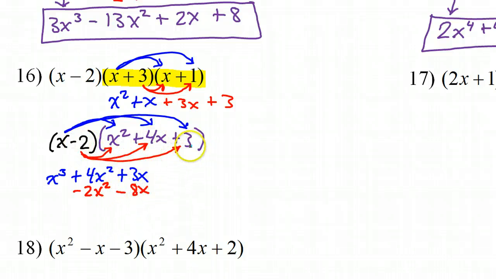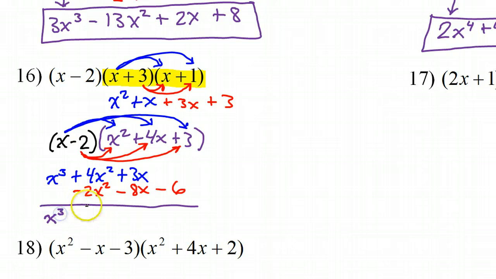And then negative 2 times 3 is negative 6. Okay, if I combine like terms, well, I'm just going to bring down my x to the third power. 4 minus 2 is positive 2x squared. 3 minus 8 is negative 5x. And then the minus 6.